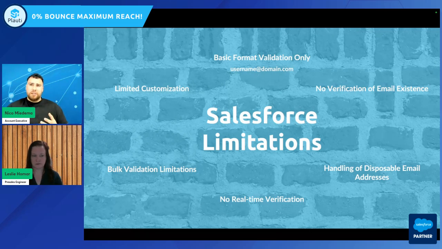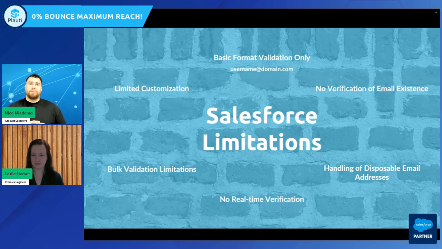The complexity that some organizations have and want to achieve is basically only achievable with third parties. For instance, enforcing specific domain names or restricting certain types of emails might require some complex workarounds within Salesforce, and you're probably better off finding a third-party solution.